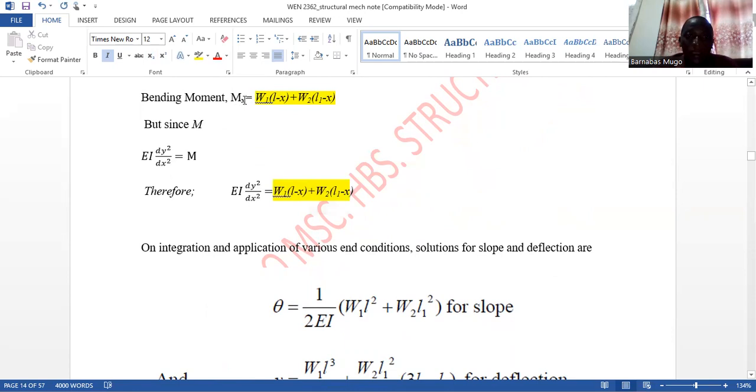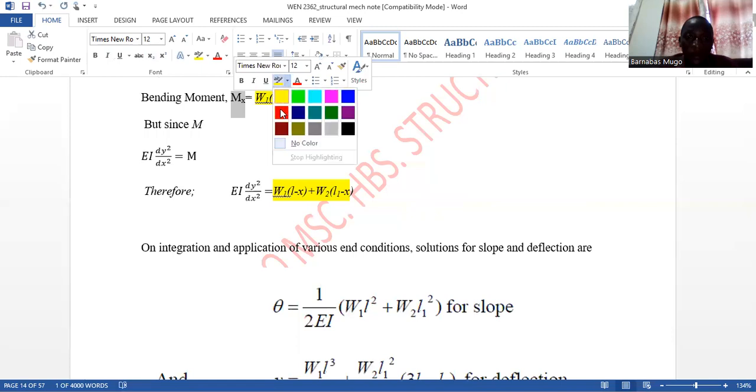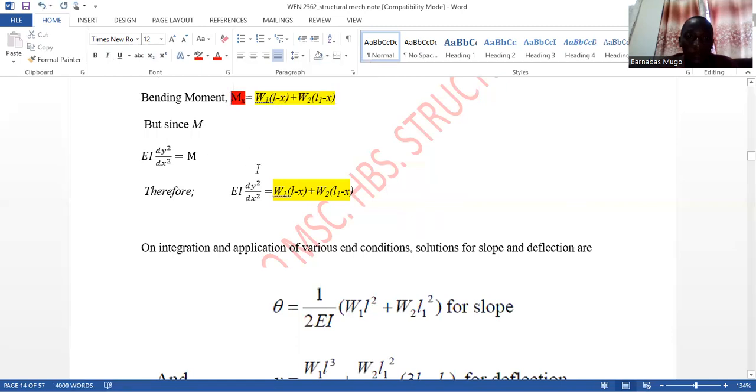But then M at X, I'm going to carry it with the red. It is going to be replaced by this one, the equation for the bending moment.